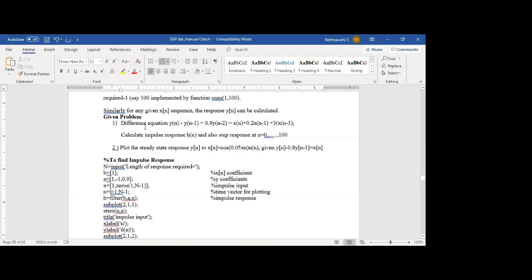So in this case I changed it as y of n minus y of n minus 1 plus 0.9 into y of n minus 2, which is equal to x of n plus 0.2 into x of n minus 1 plus 3 into x of n minus 3. In that particular case, what will happen to my coefficients here? B, comma, what will it be? 0.2, comma, 3. Any confusion, guys?